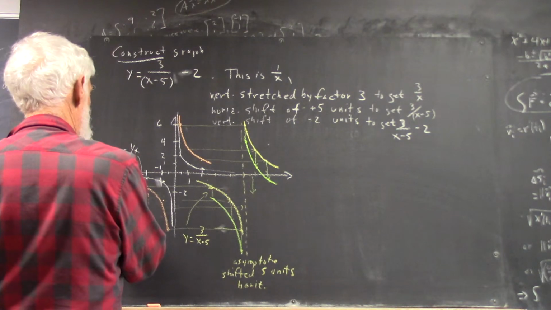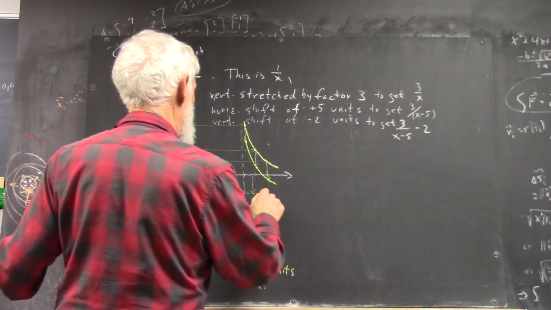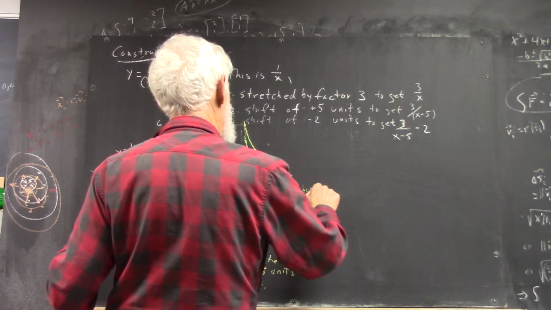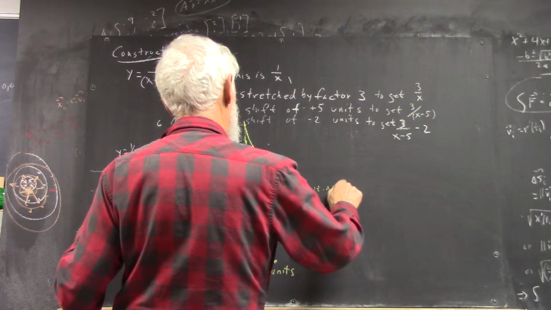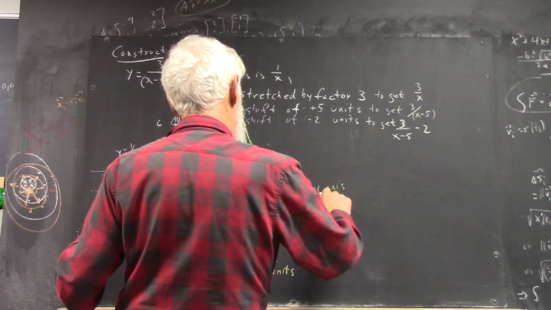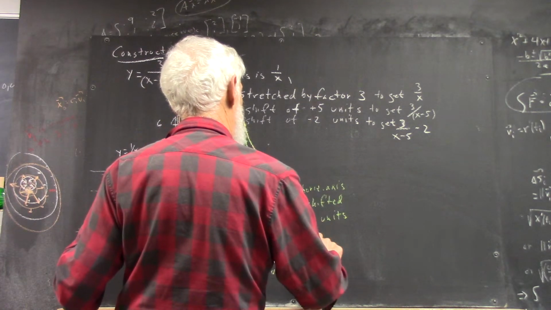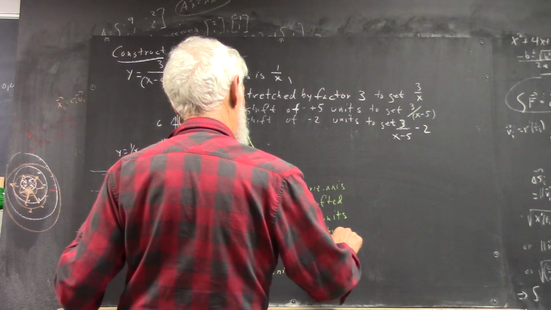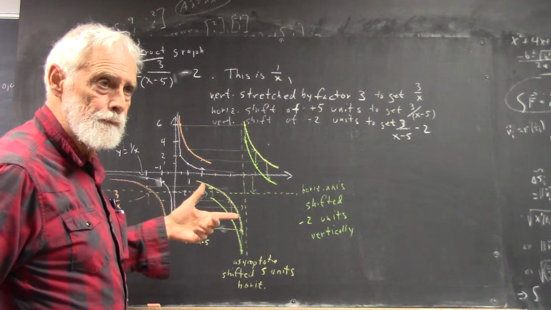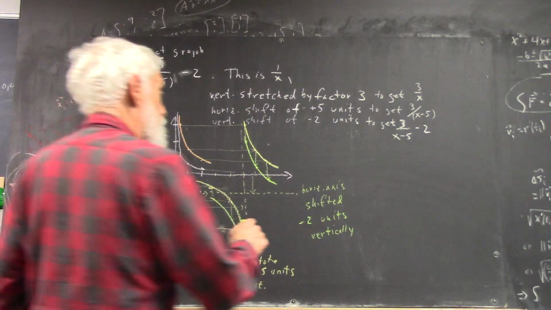So now I'm going to draw a dotted line. The horizontal axis shifted -2 units vertically. And this is an asymptote, okay?